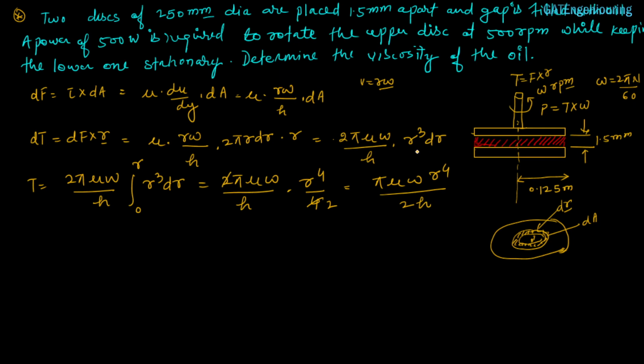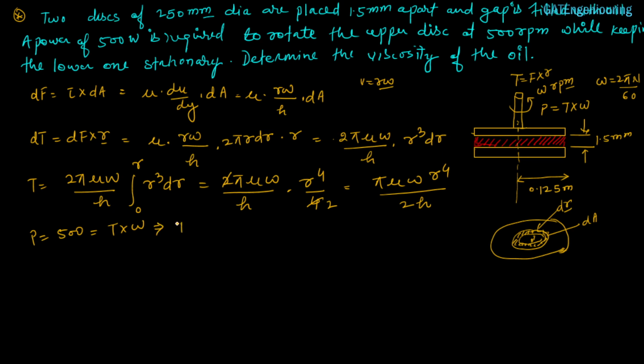Here what we need to find out is the viscosity. From the given data, power is given, which is 500 watt, and we know that power is equal to torque into angular velocity omega, and omega is 2 pi N by 60, where N is 500 rpm.